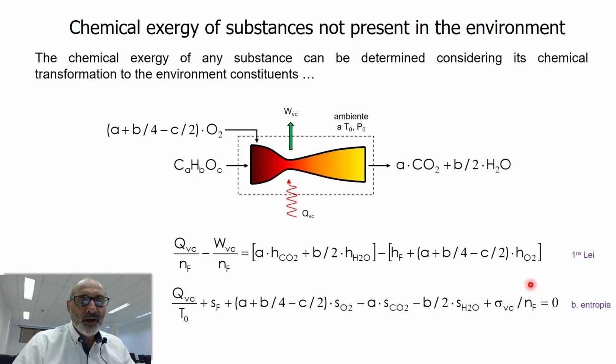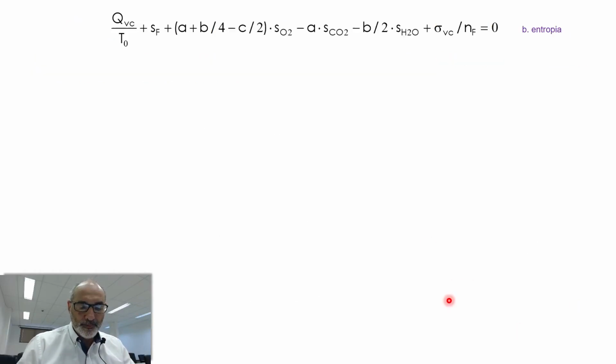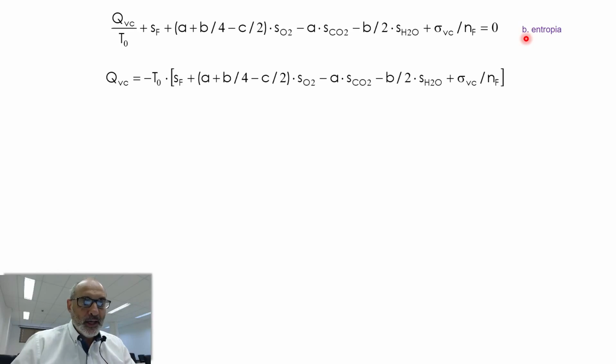And I also have an entropy generation term here, as I mentioned before. So I have these two expressions. This is the entropy inventory, and I rearrange the terms.